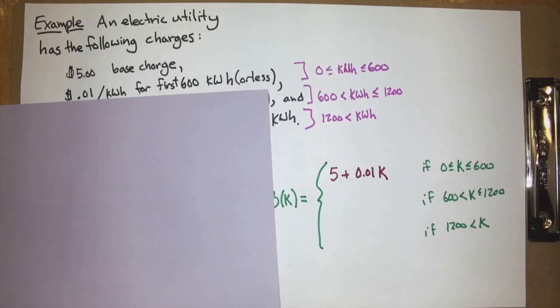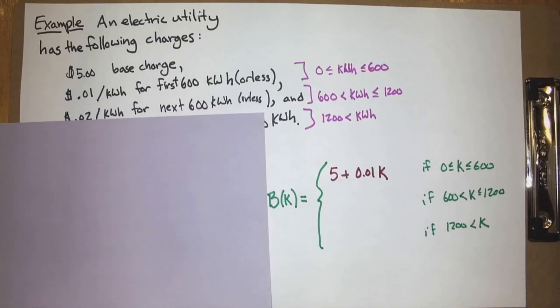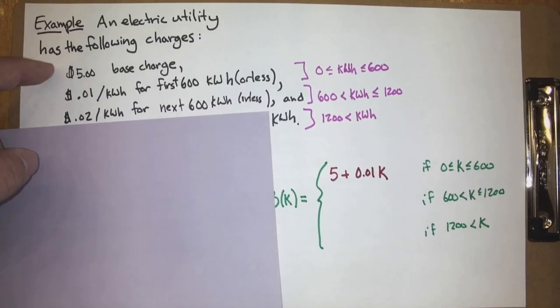Now, we use a little bit more. Now we have to sort of have three things coming into play. We've got the $5 base charge. We've used up the first 600 kilowatt hours. How much will the first 600 kilowatt hours run us?